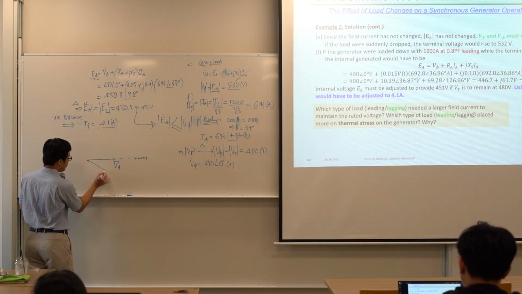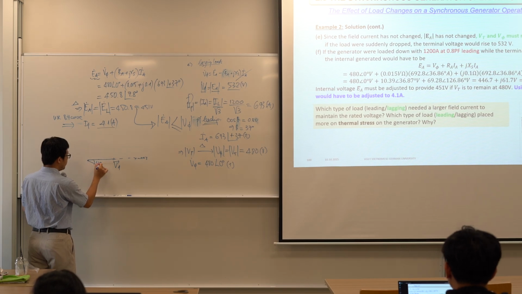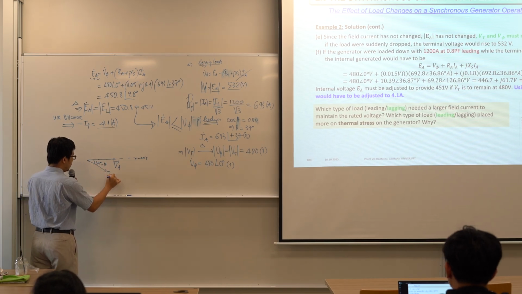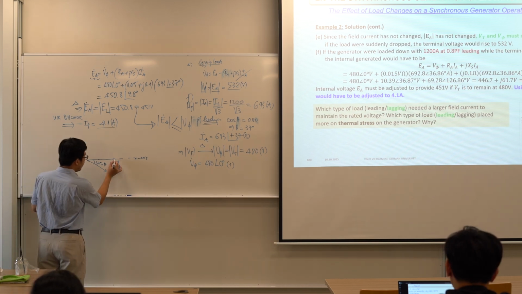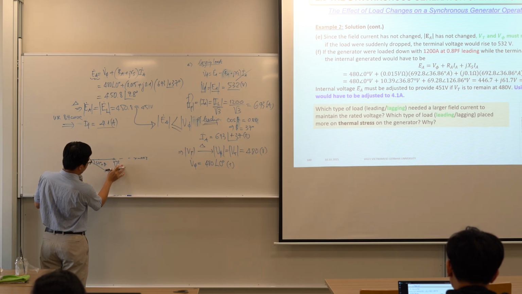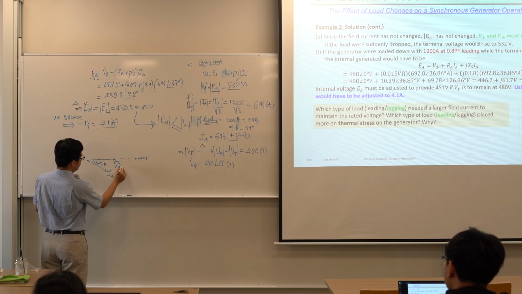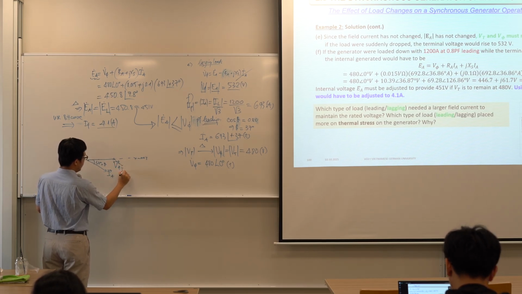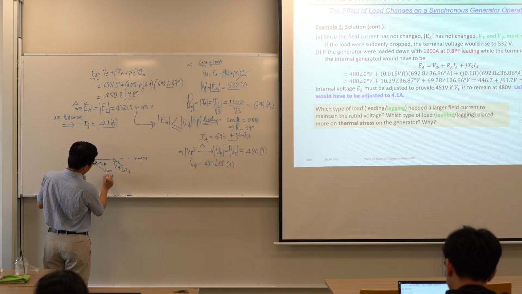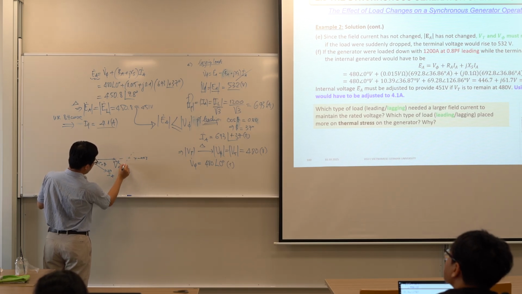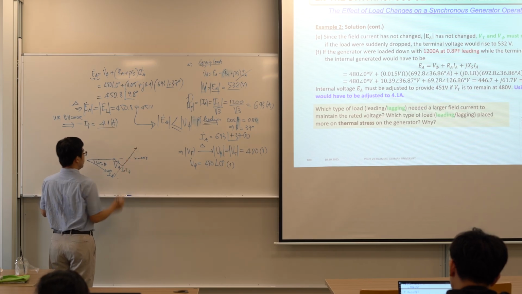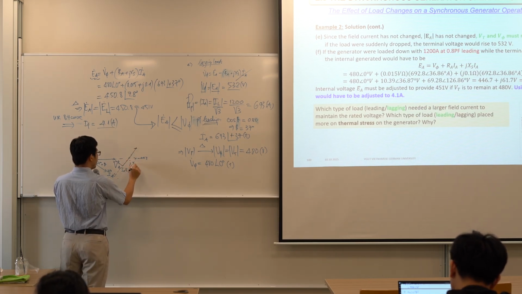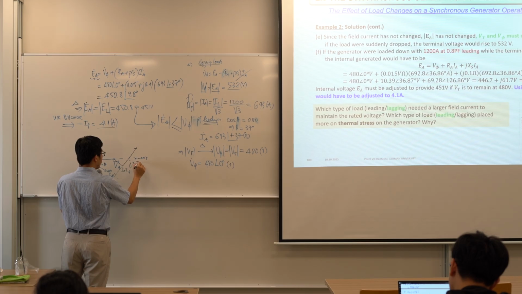So maybe somewhere here it is 37 degrees. This is IA. Then this is jXS IA.